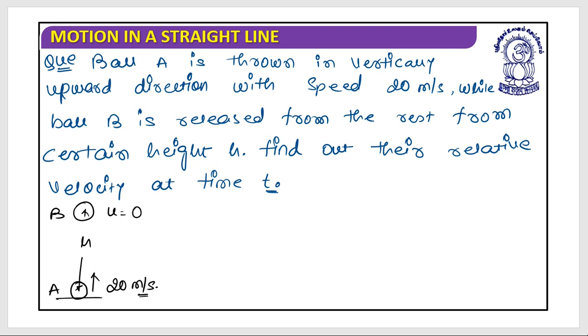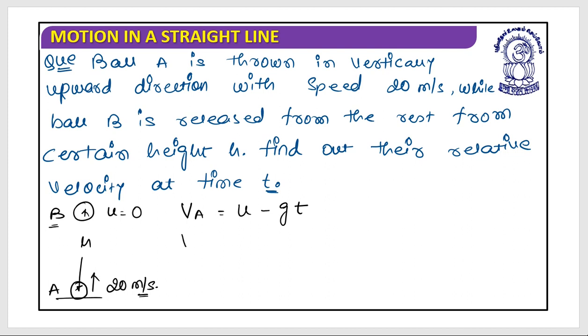Now what I need to find out is their relative velocities at time t. As I know that object A is moving in upward direction, what I can have is VA is equal to u minus gt.